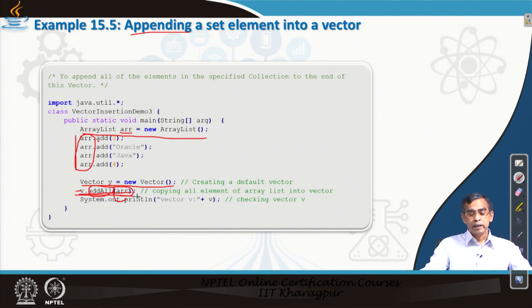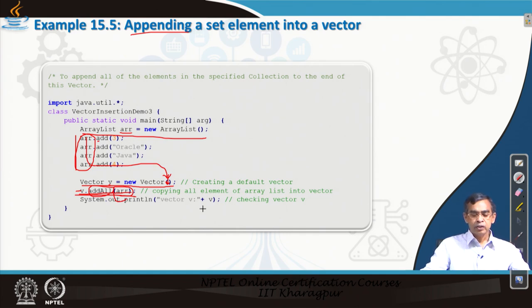Another way you can do it: you can recall there is one constructor where the argument can be a collection. If you do that, a vector can be created initially with a collection of elements in it. So ARR can be passed as an argument here when you call this vector constructor, so that it initializes with these array elements.